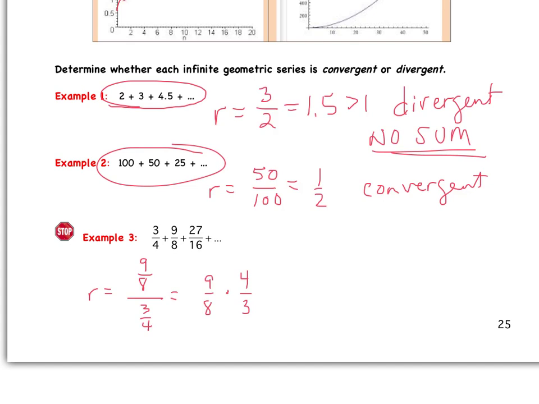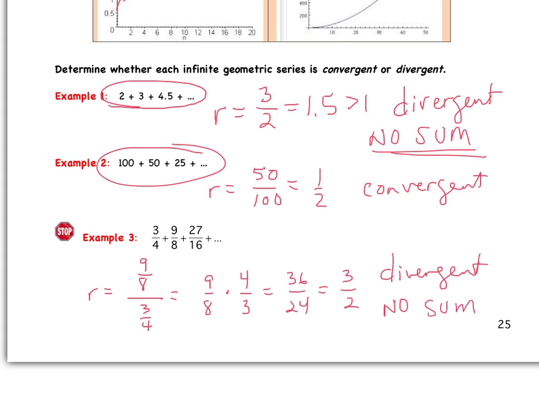So take the numerator, multiply by the reciprocal of the denominator. If I multiply straight across, I get 36 over 24. Both these numbers are divisible by 12, getting me 3/2, which you see from example 1. 3/2 we already figured out is divergent, which means that there will be no sum.